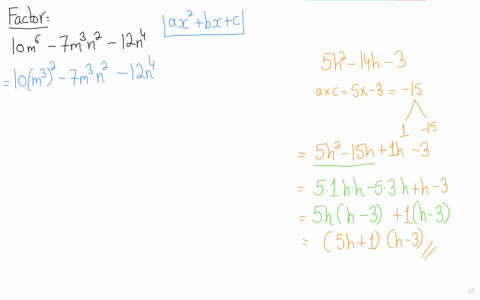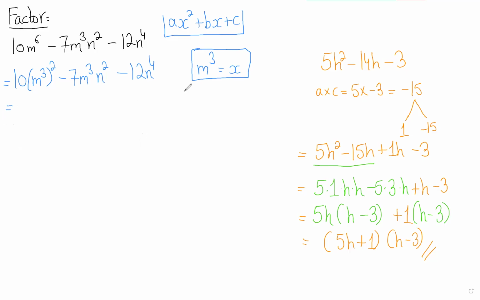Okay, now I want to make a decision here. I want to relabel my variables, and in this case, I want to give m cubed a name. I want to say m cubed is just equal to x. Let's see what happens if I do that.